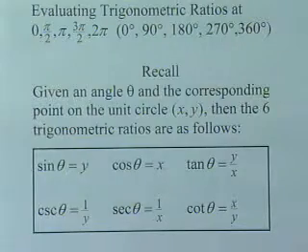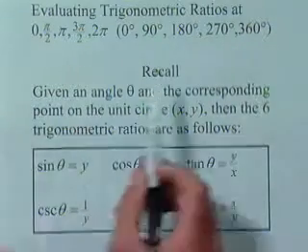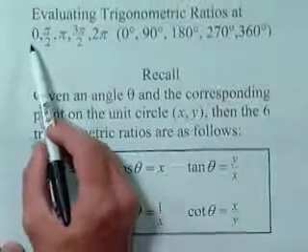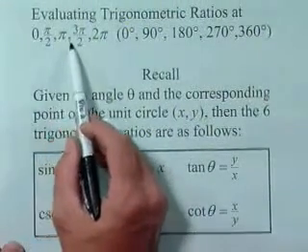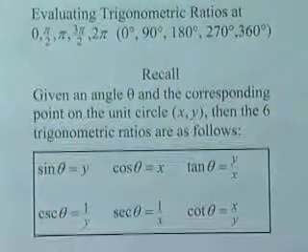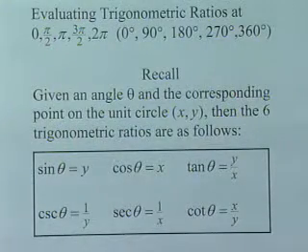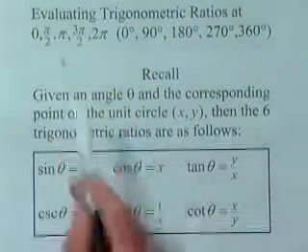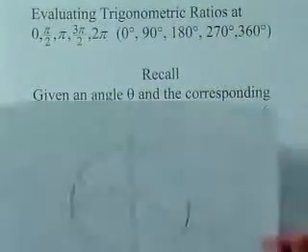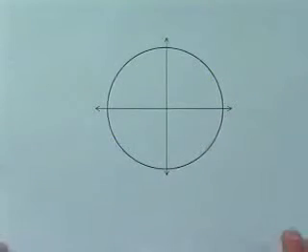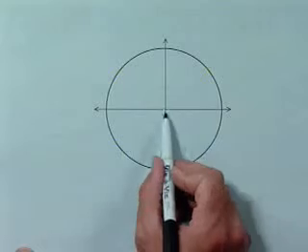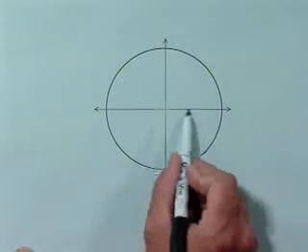Okay? So let's go ahead and try to find the corresponding trig ratios for these angles, 0, pi halves, pi, 3 pi halves, and 2 pi. We'll do those first. So what do we have to do? Well, in order to do these, we have to find the corresponding points. So given an angle of 0, 0 degrees or 0 radians is just this angle right here.